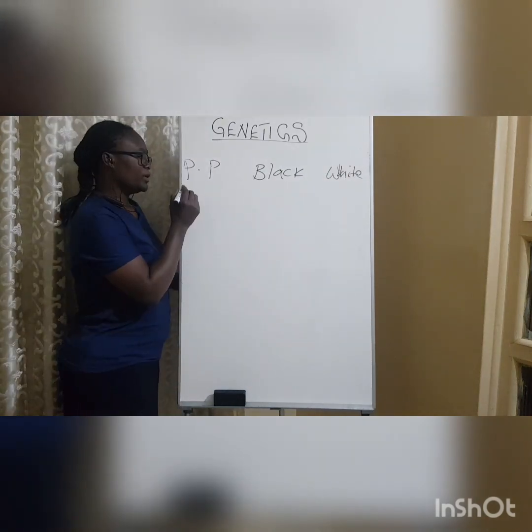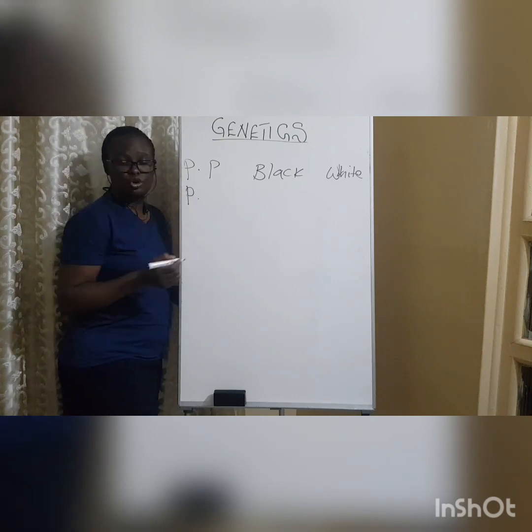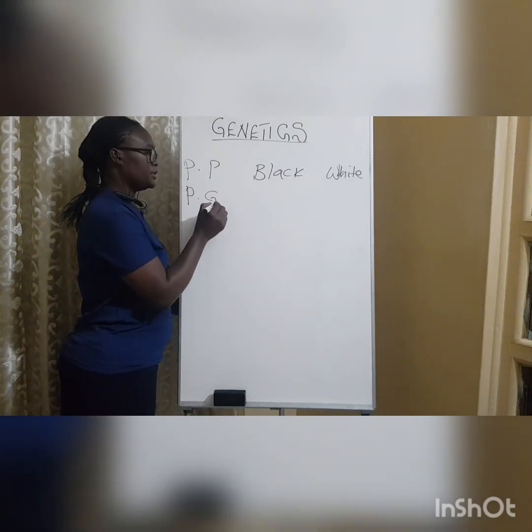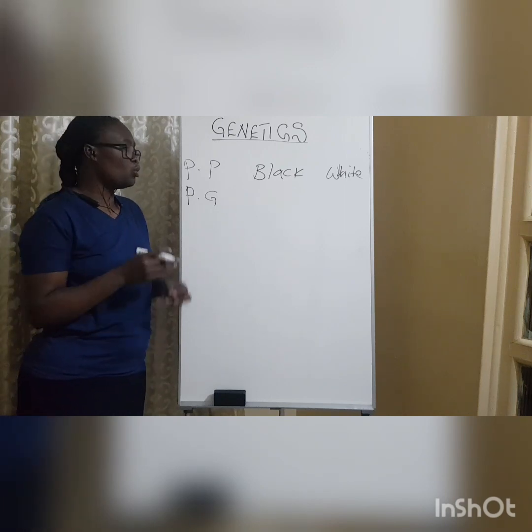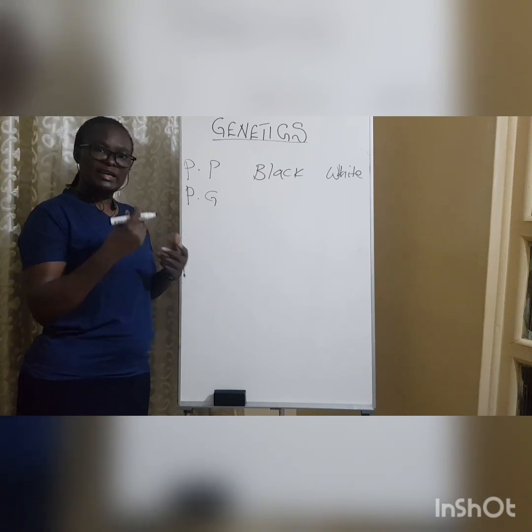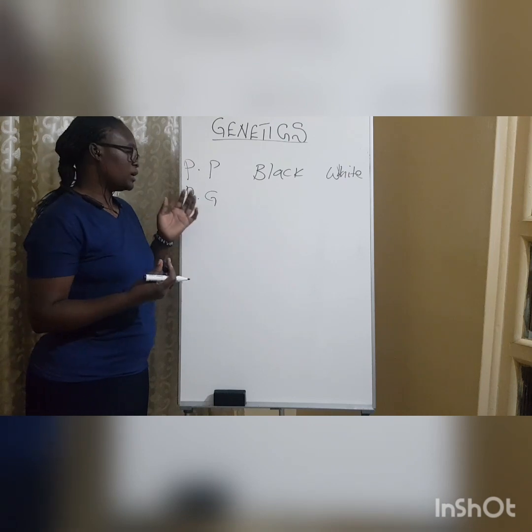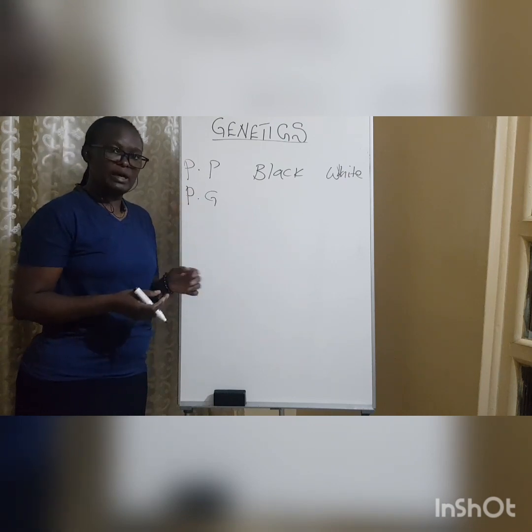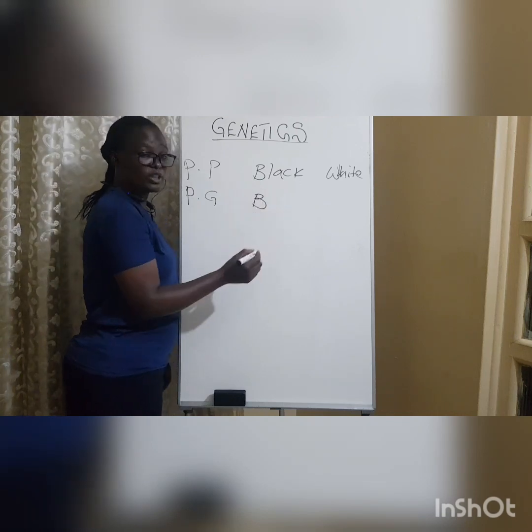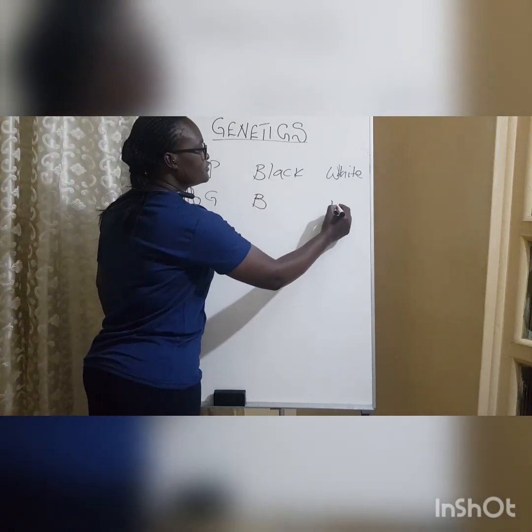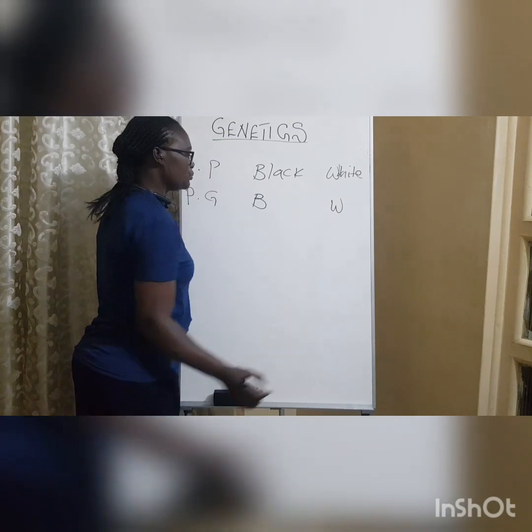Then the next thing we need to write is parental genotype. The genes, what you need to do is to write now the letters. The genes we are talking about are the B and the W. So for black, we have B, capital B for that matter. White, we have W, capital W.